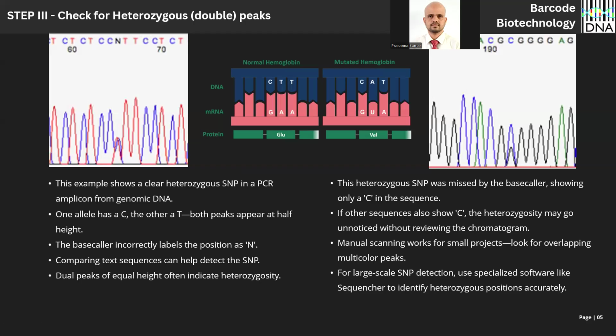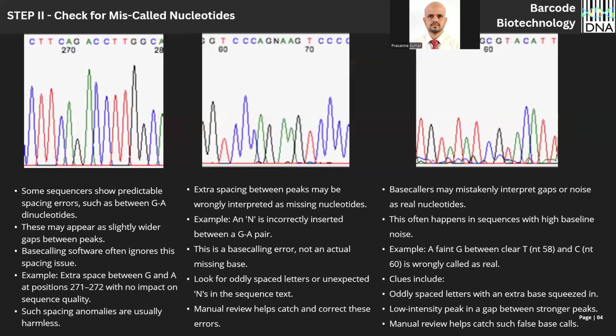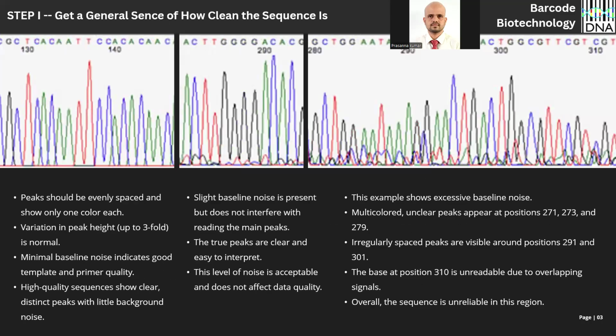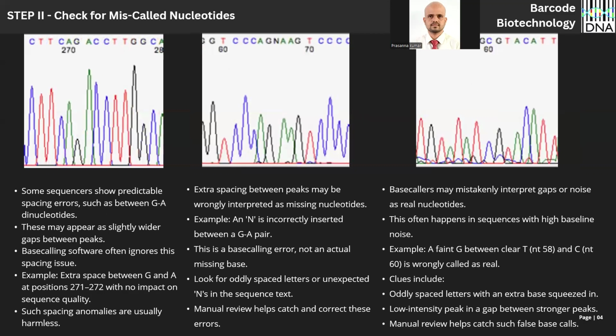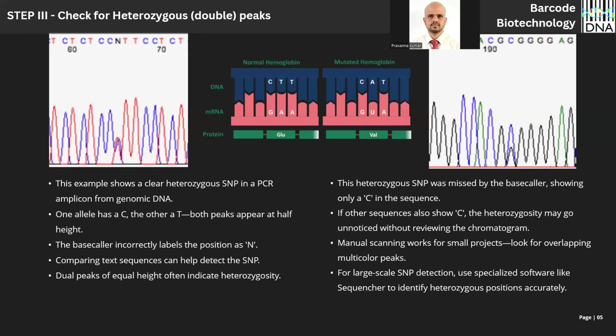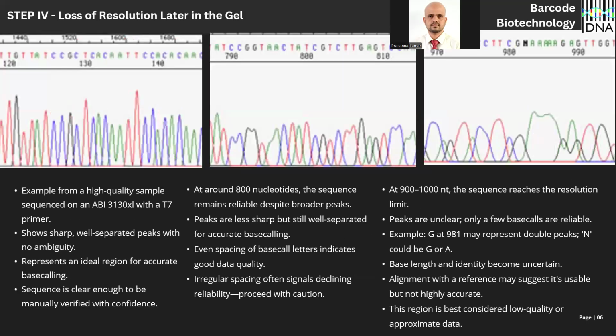Okay. So the first step we have seen is just to scroll through the chromatogram to see how clean it is. The second step is to look for miscalls and look for heterozygous double peaks, which usually indicate single nucleotide polymorphism. So the fourth step is a very common step. The resolution of the chromatogram at the former and the later stages is usually diminishing.